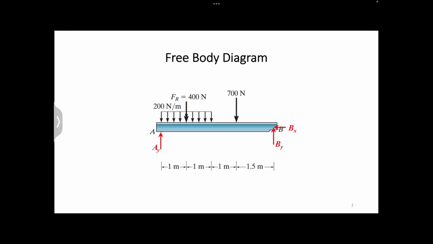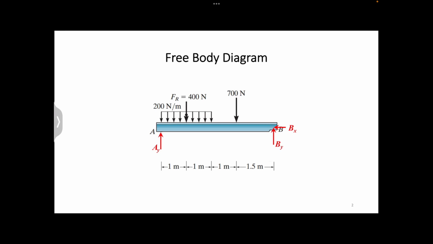As a general rule, when we plot the reaction for any support, we will ask ourselves the following two questions. First, does the support prevent the translation of the object in a certain direction? And second, does the support prevent the rotation of the object about any axis? In our example, the roller support at A only prevents the vertical translation of the beam into the ground.